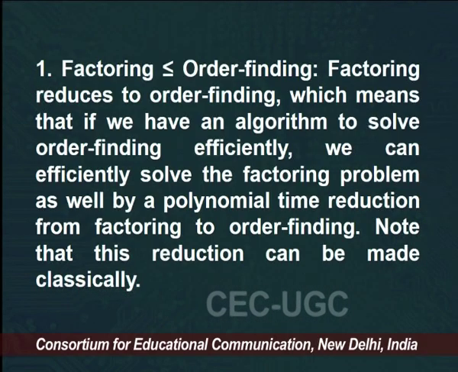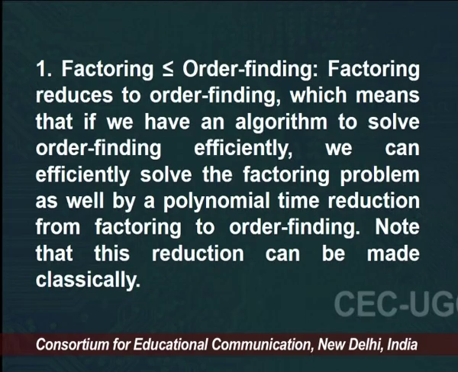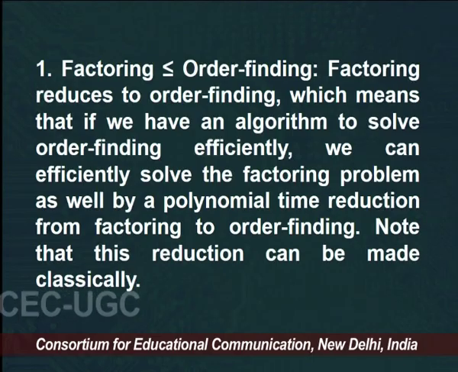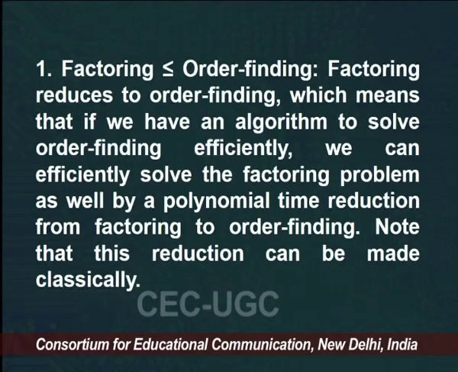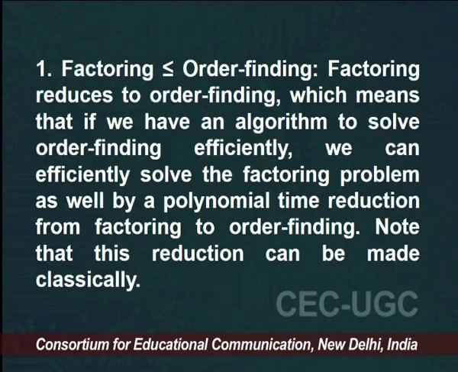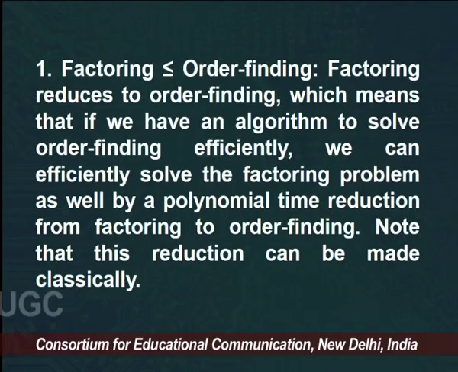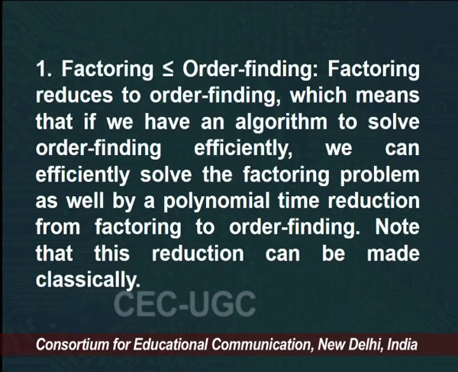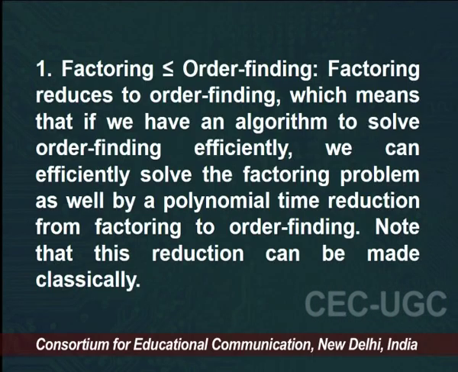So, factoring reduces to order finding, which means that if we have an algorithm to solve order finding efficiently, we can efficiently solve the factoring problem as well, by a polynomial time reduction from factoring to order finding. Means whenever we use, factoring reduces to order finding.